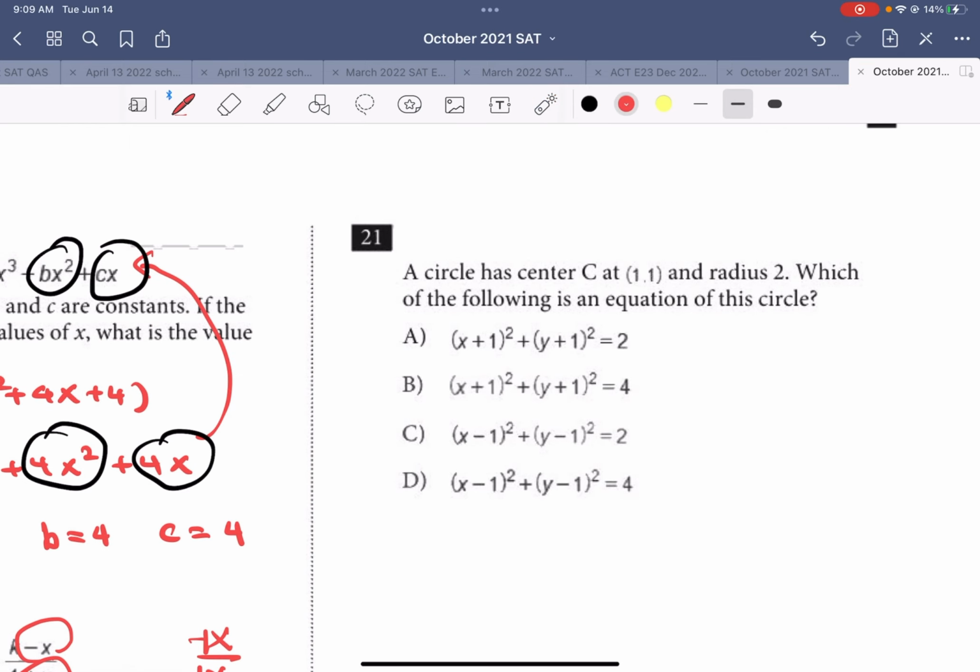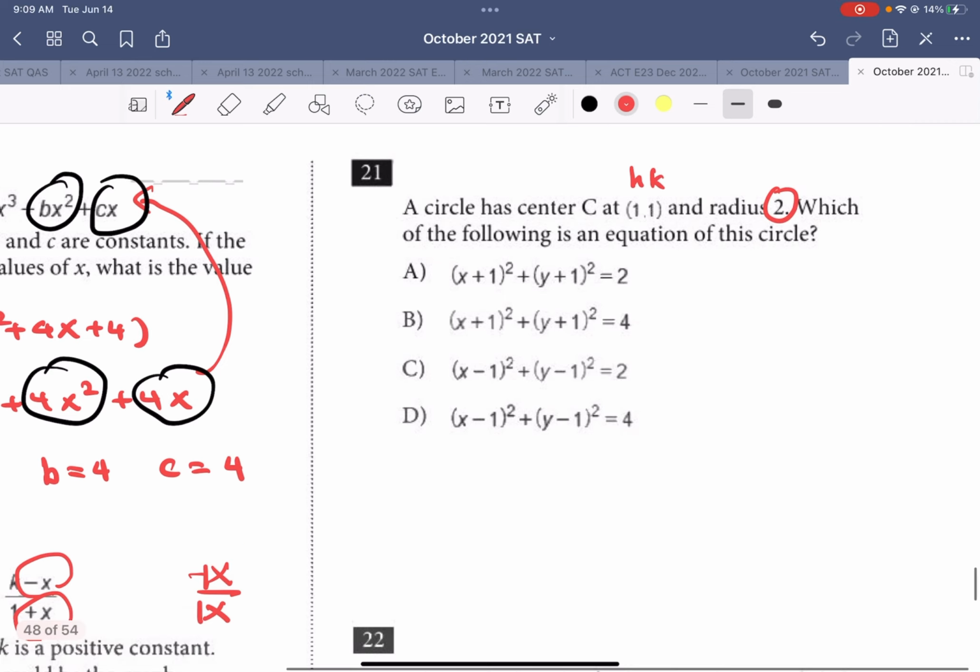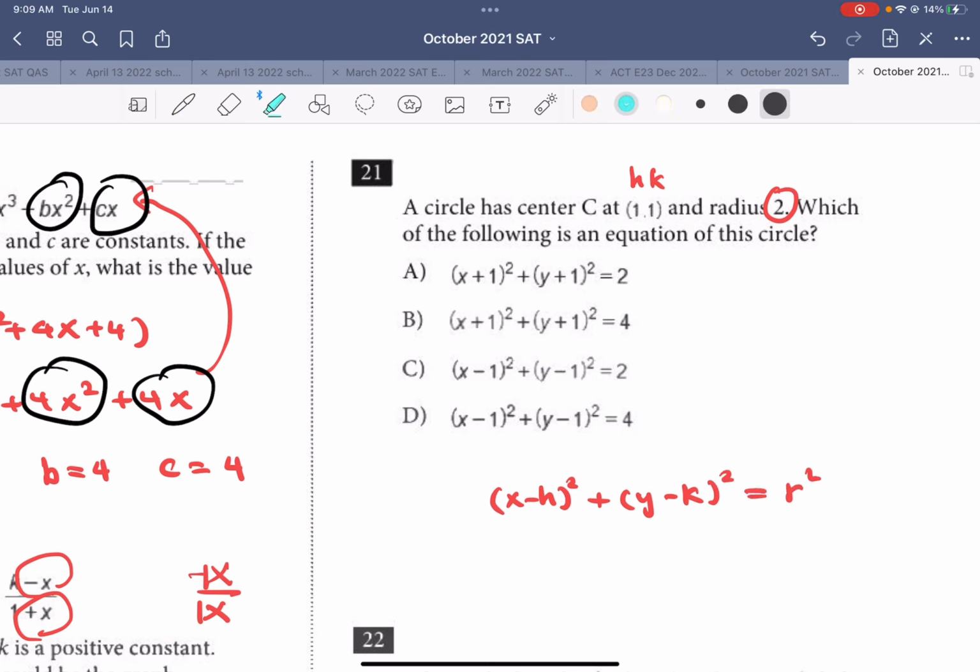Number 21. A circle has center h and k like that and radius 2. If you remember the circle equation, x minus h squared plus y minus k squared equals r squared. That's the circle equation. You need to memorize this. Let me highlight this one first.